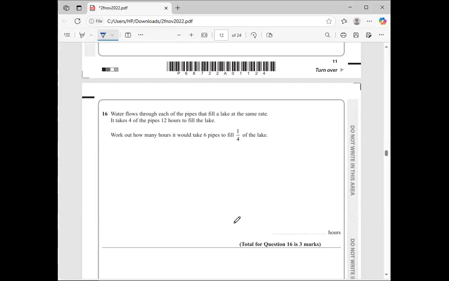Now, the only thing is that in the meantime, we don't have any grounds on which to compare, because the first part of the question talked about 4 of the pipes.